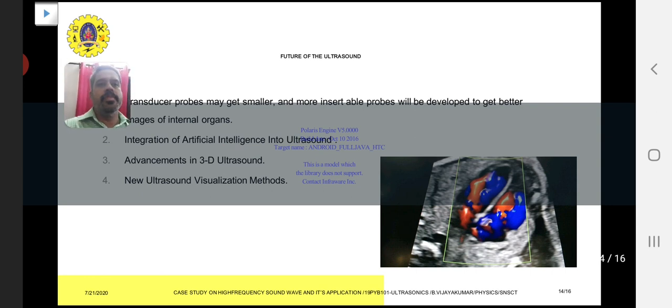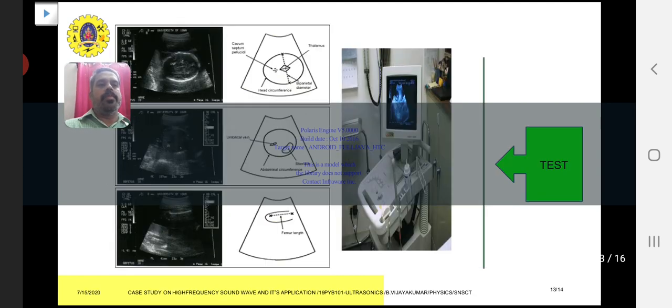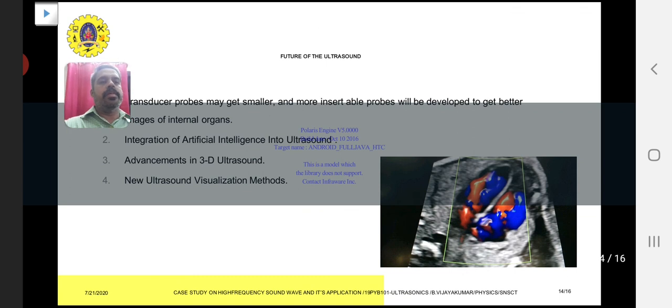The next slide is the future of ultrasonics. The transducer probe will be developed smaller and more portable to get a better image of internal organs. Not only baby's growth, internal organs also can be identified. The next one, very important, is integration of artificial intelligence into ultrasound.